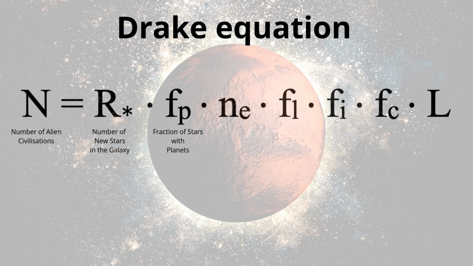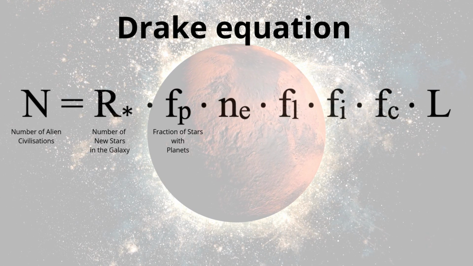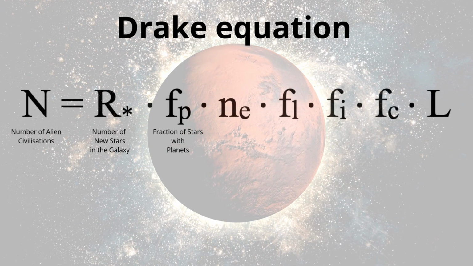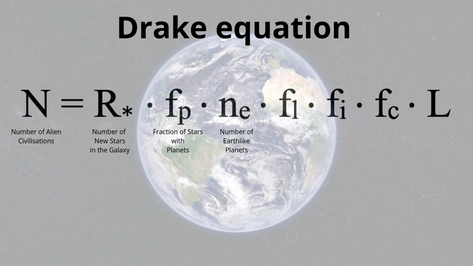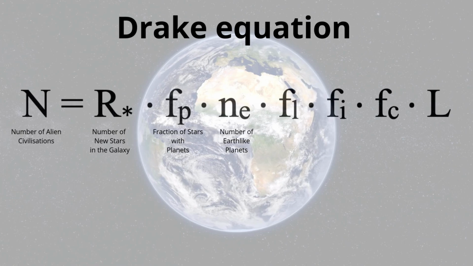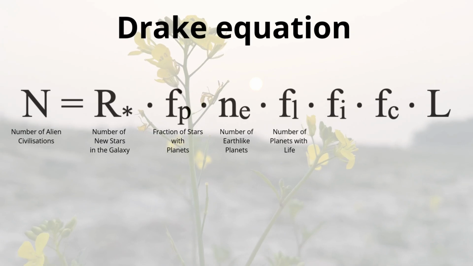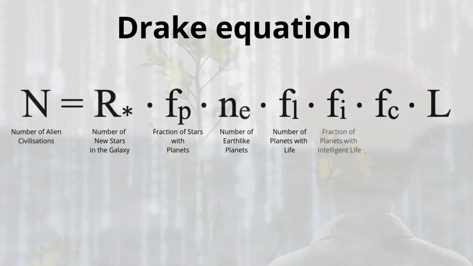The next factors are typically expressed as fractions or probabilities. FP refers to the fraction of stars that have planetary systems. NE is an absolute number indicating the average number of Earth-like, potentially habitable planets per planetary system. FL represents the fraction of those habitable planets where life actually emerges.